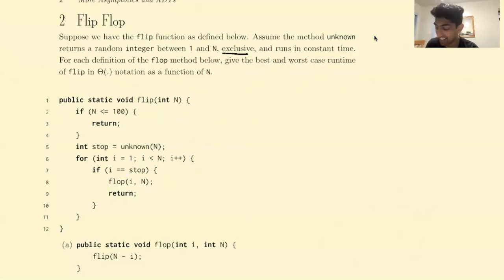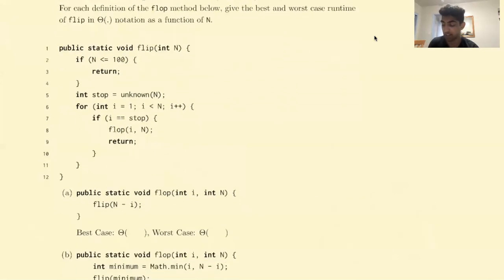Anywho, diving into part A, we have this flop method where it takes in an int i and an n and it calls flip of n minus i. Before I get into the runtime of part A, looking at the code, we see that we have this base case here.